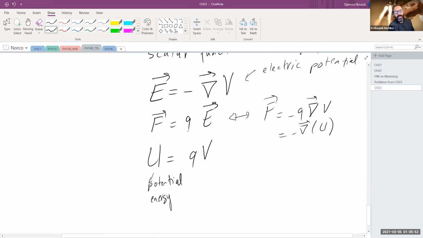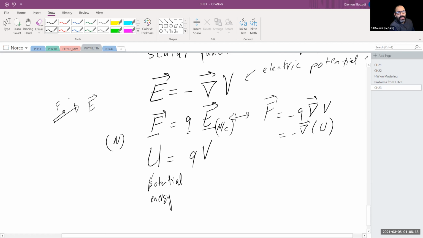Just as much as the force and the electric field are related by Q. This is in newtons, by the way, and this was in newtons per coulomb, and the Q is that factor. If I have an electric field somewhere in space, a vector field E, then I have a force, and that force in magnitude is equal to QE. That's a vector.